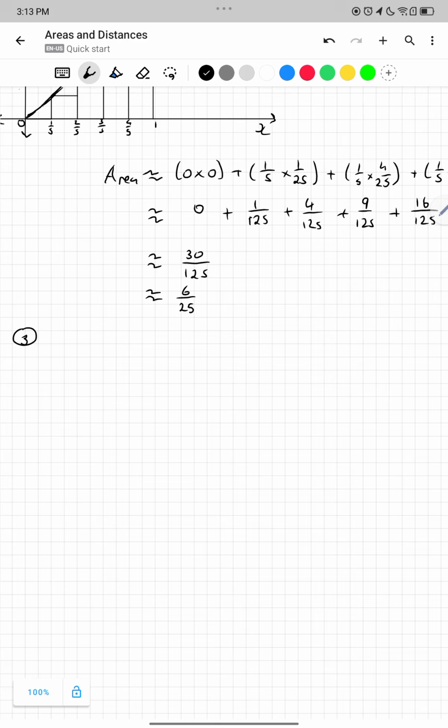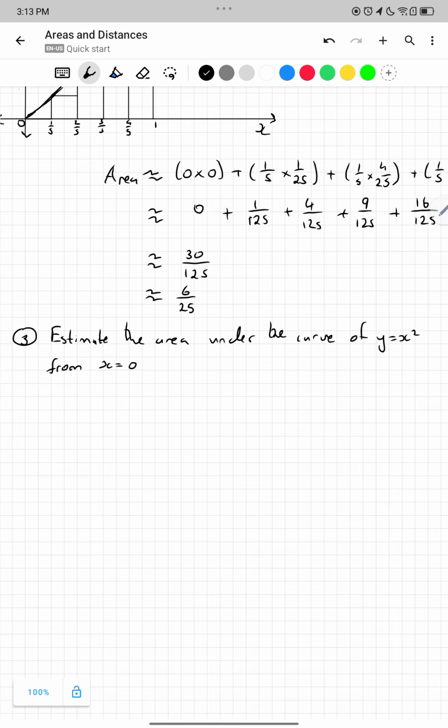Problem number 3 says estimate the area under the curve of y equals x squared. Don't get tired of x squared. This is a good teaching platform.